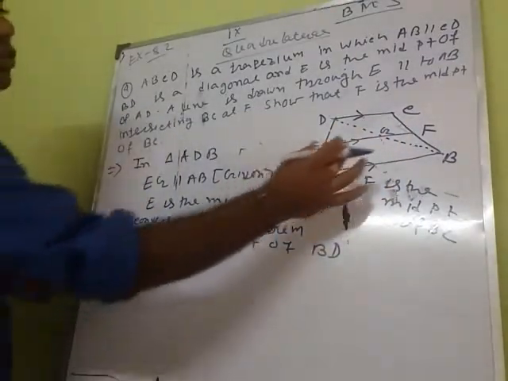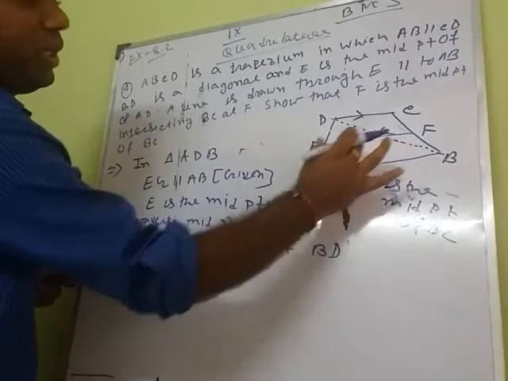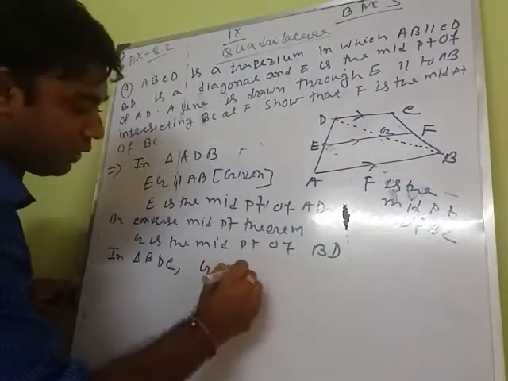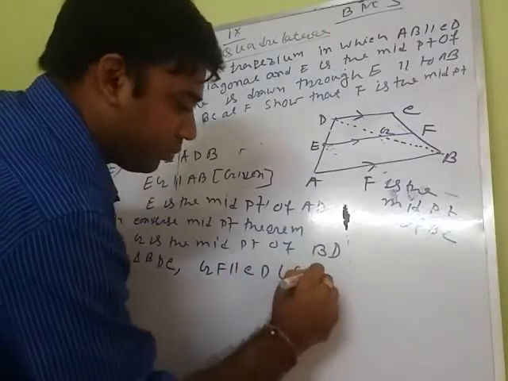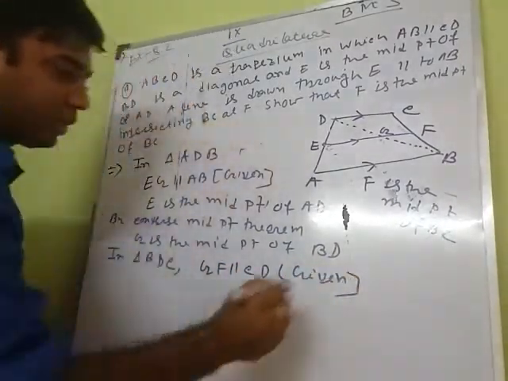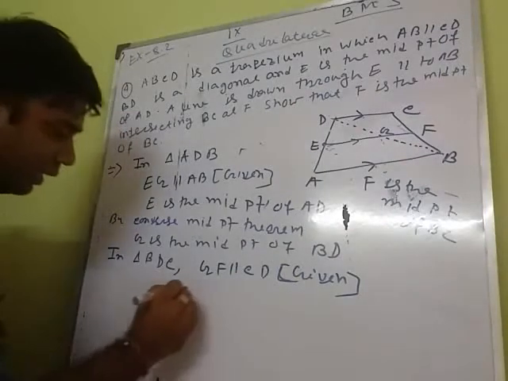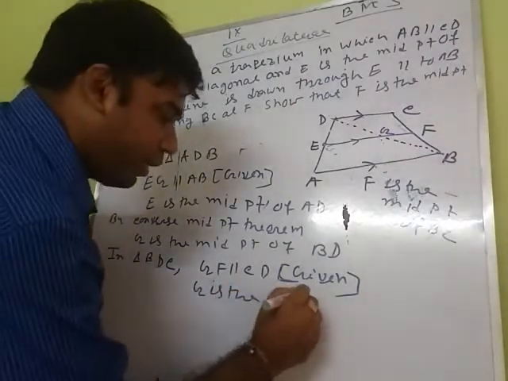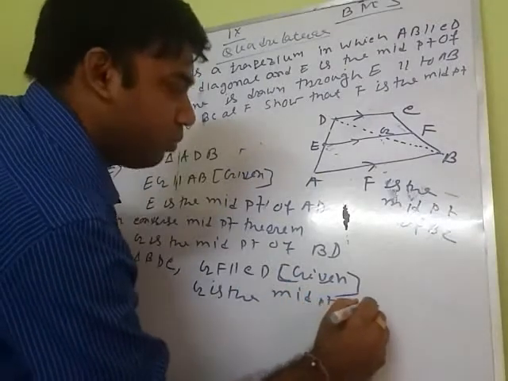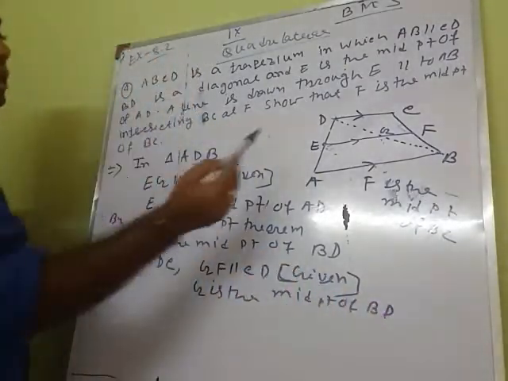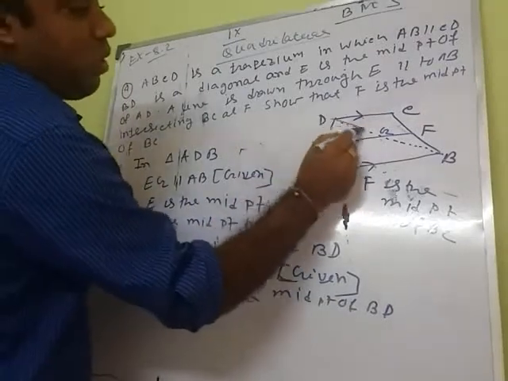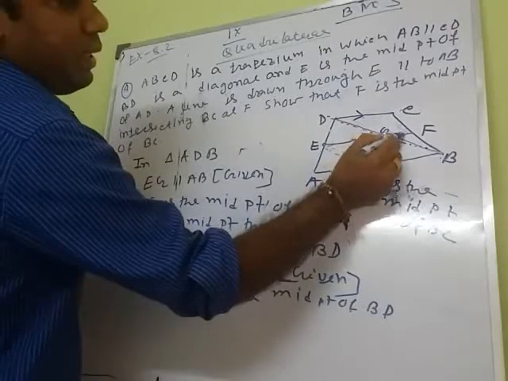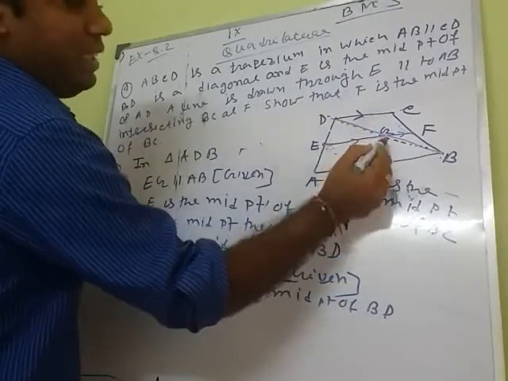GF, this cut portion of EF, is parallel to CD, that is given. And G is the midpoint of BD. In triangle BDC, GF is parallel to DC and G is the midpoint.